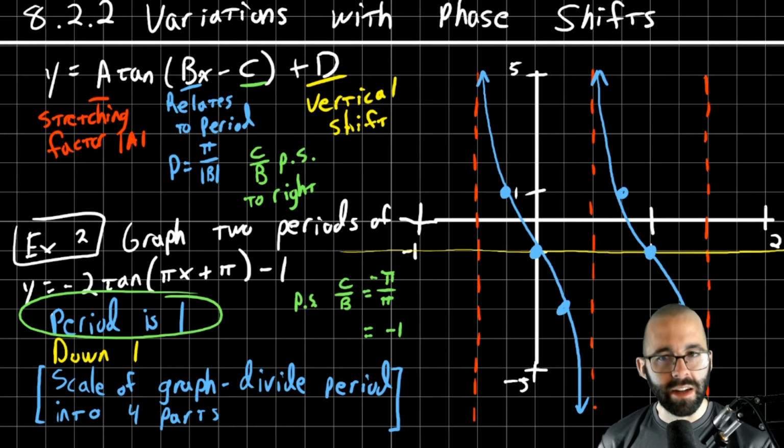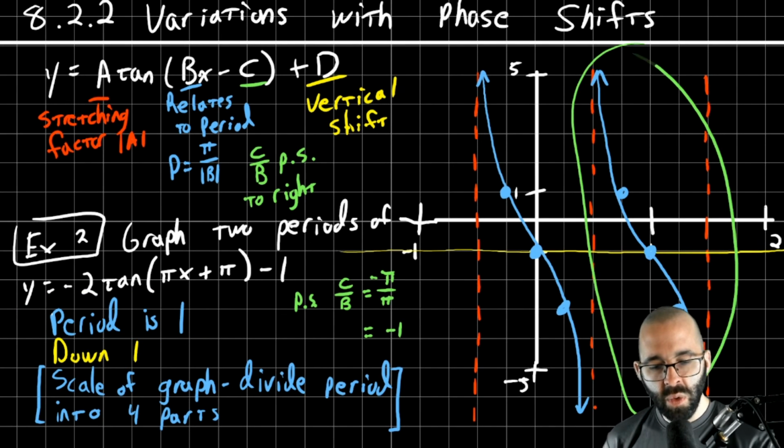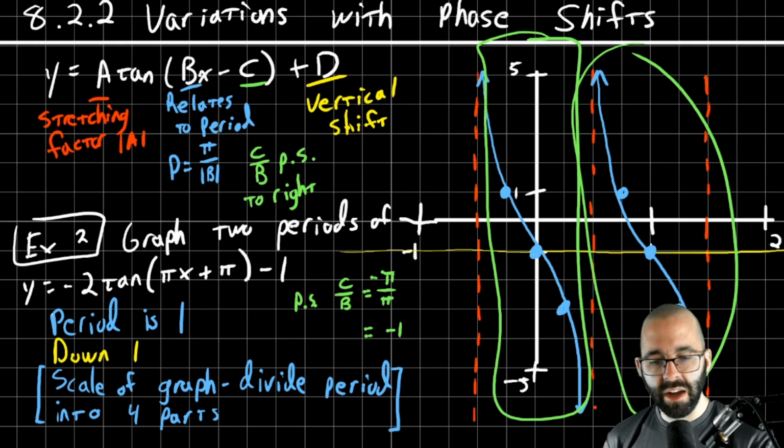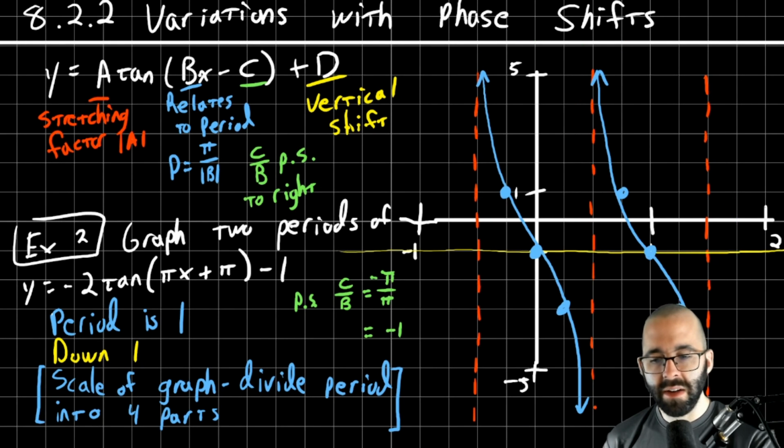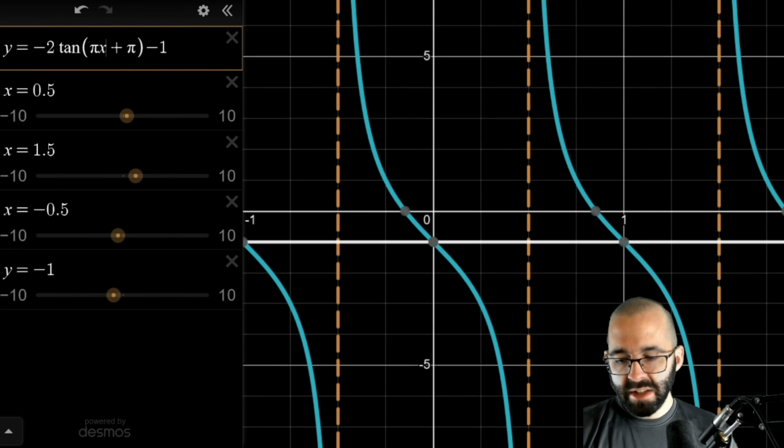But the period is 1, which means I could move it 1 to the left, 2 to the left, 3 to the left. You wouldn't be able to tell a difference. Because if I move this entire thing 1 to the left, I get this entire thing. And so on.